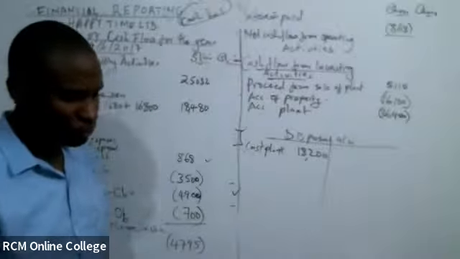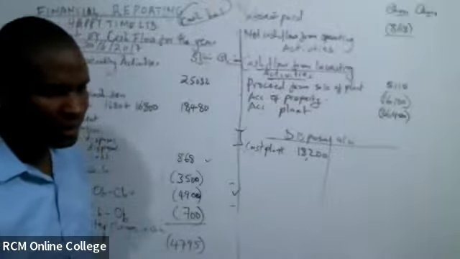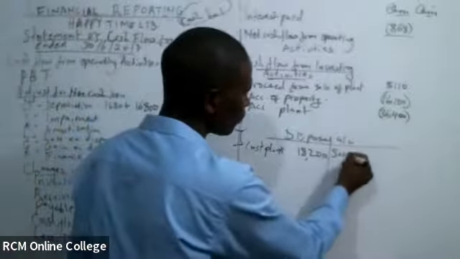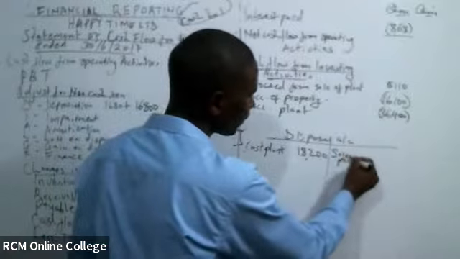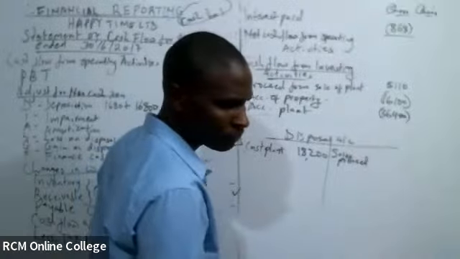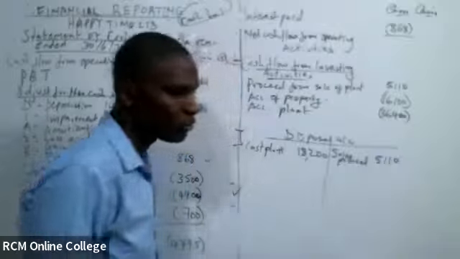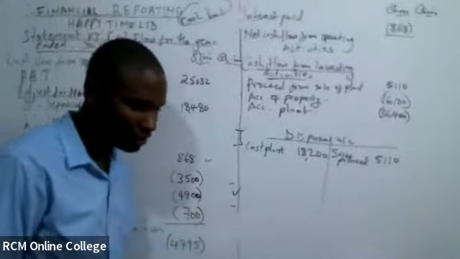Cost ilikuwa hiyo. Lakini sales proceeds zenye tulipata ni ngapi? Tulipata how much from that? 51,10. Hiyo ndiyo sale proceed tulipata from the sale of that.